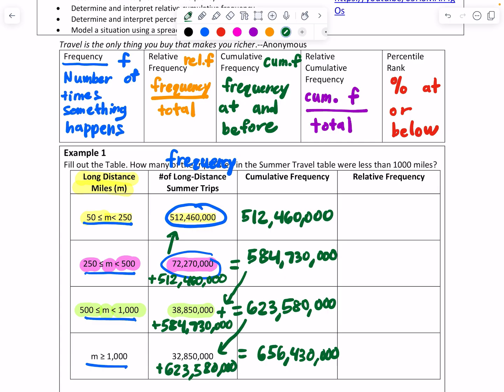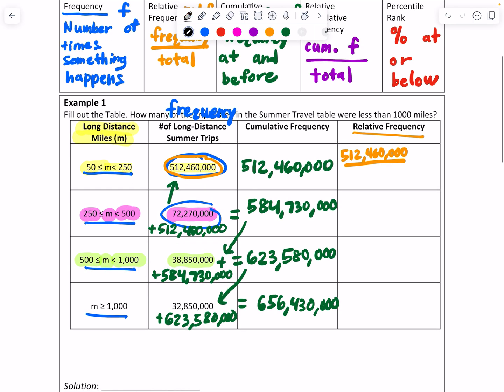Now, relative frequency, remember, is the frequency divided by the total. Okay, so here's my frequency. We're going to take 512,460,000 divided by the total. Now the total, they didn't tell us what the total was.